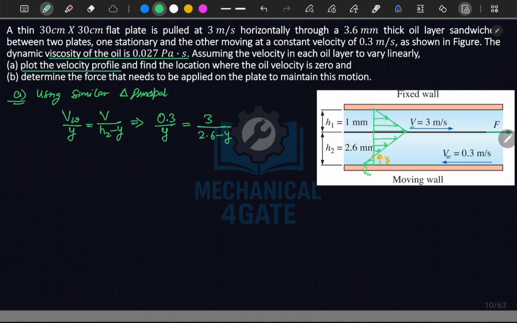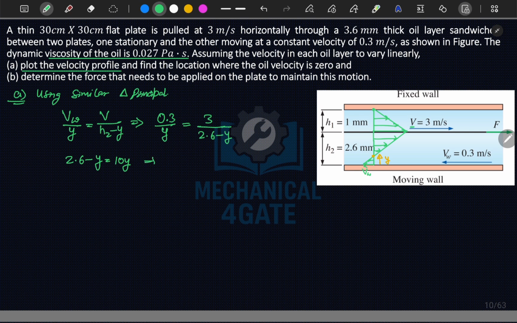So if we solve this, we obtain 2.6 minus y is equal to 10y, because if we remove the decimal place here we get 10. This is 10y and this is 2.6 minus y.